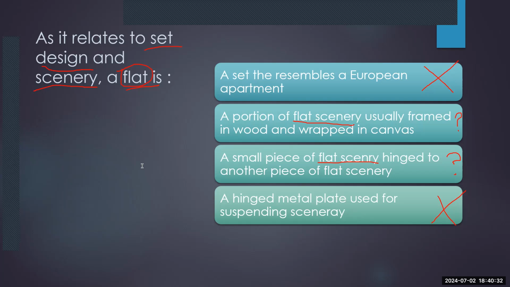A small piece of flat scenery hinged to another piece is actually called a flipper, because you can flip the scenery to the other side. So this one right here is going to be our correct answer. A flat is a piece of flat scenery that's framed in wood and usually wrapped in cloth or canvas.